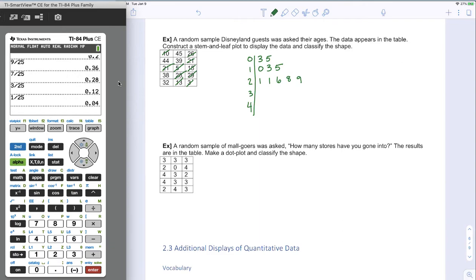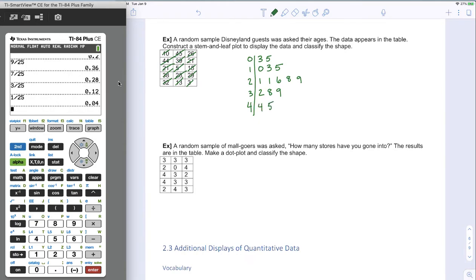Then people in their 30s, we have 32, 38, and 39. So 2, 8, 9. And then there are 2 40-year-olds, so that will be the last 2. So we have a 44-year-old and a 45-year-old.